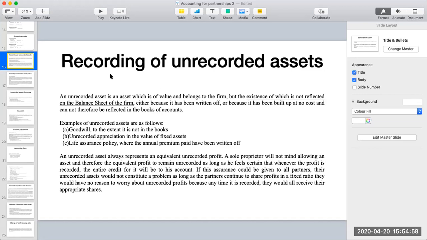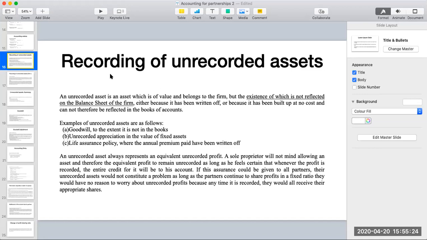For example, some examples of unrecorded assets are given. Goodwill: maybe there's goodwill, but it is not recorded in the books of accounts. Unrecorded appreciation in the value of fixed assets: there is an appreciation, but it is not recorded. For example, a fleet of vehicles is revalued, and the revaluation policy is to revalue the vehicles every 3 years.